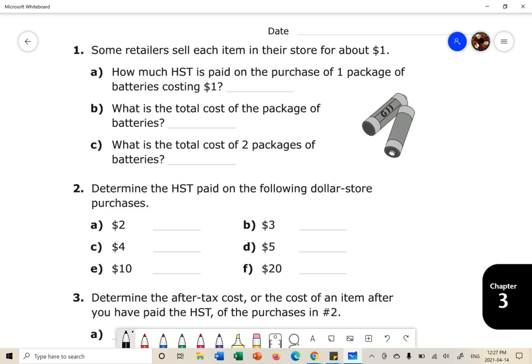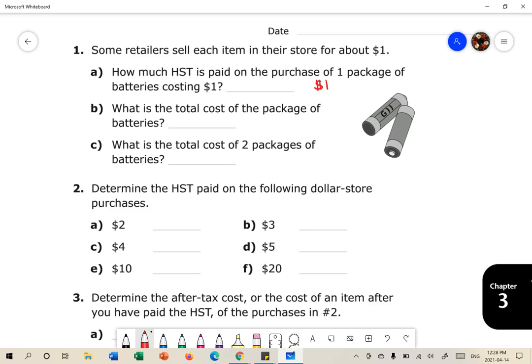Some retailers sell each item in their store for about $1. For example, the dollar store, a lot of their items are about $1. How much HST is paid on the purchase of one package of batteries costing $1? So on the side here, I'm going to multiply $1 times 13%.